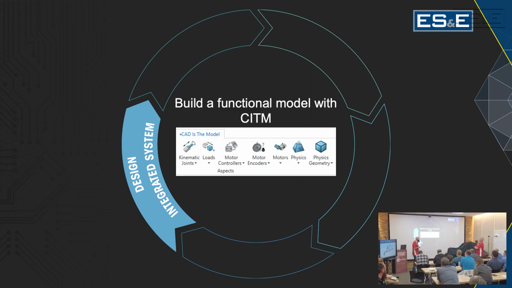The physics engine in Emulate 3D uses this tool called CAD as the model. It's a toolbar that has different constraints that you can add onto the machine components. And by the way, this CAD as the model toolbar is free to import. It's a separate tool that you can import into third-party CAD software packages.